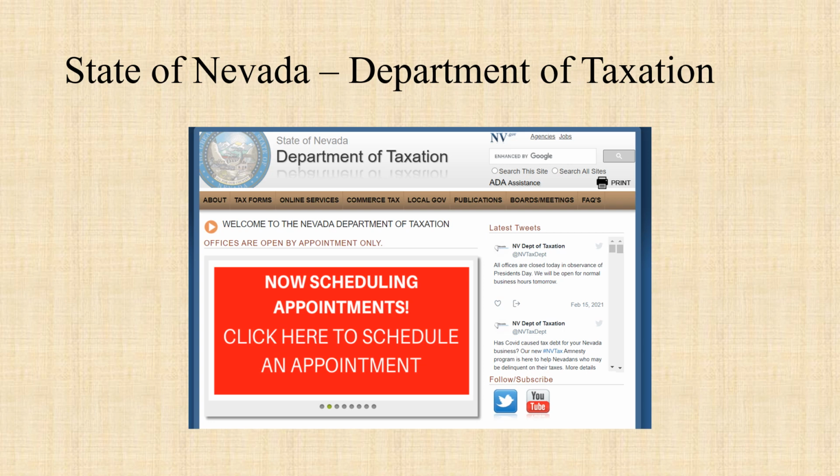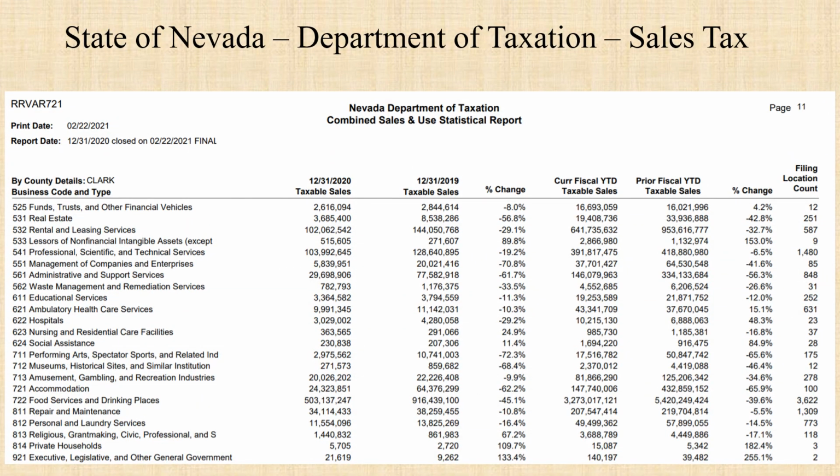But you can go to the Department of Taxation website for the state of Nevada, and one of the kinds of information that you will be able to find right away is information like this. So this is the report for December for Clark County. Now, with this data, you can see that they have a whole bunch of lists. There are 4 or 5 pages of this.